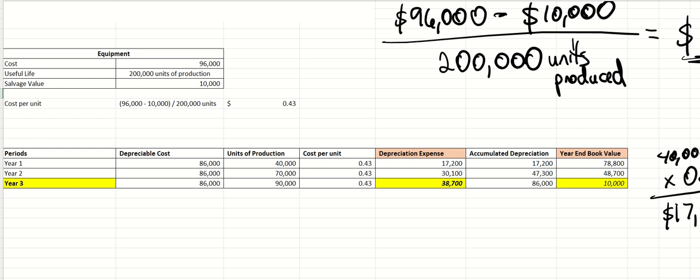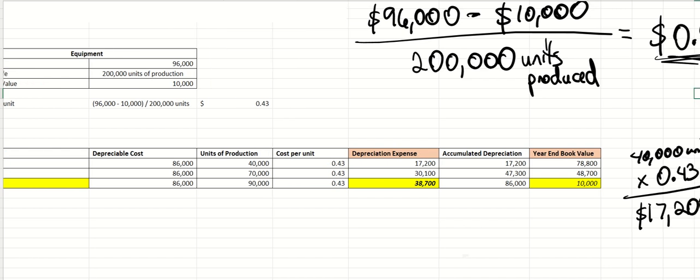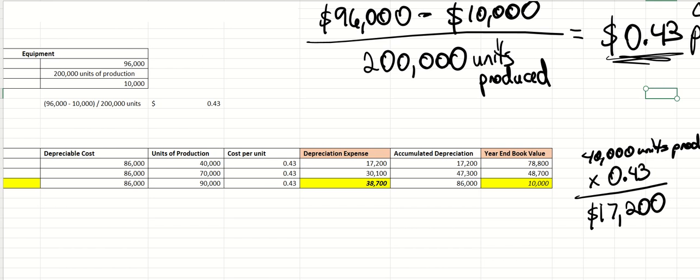So then accumulated depreciation is taking the 17,200 that's already recorded in year one and adding this $30,100 to get to $47,300. The year-end book value balance is brought down from $78,800 to $48,700.